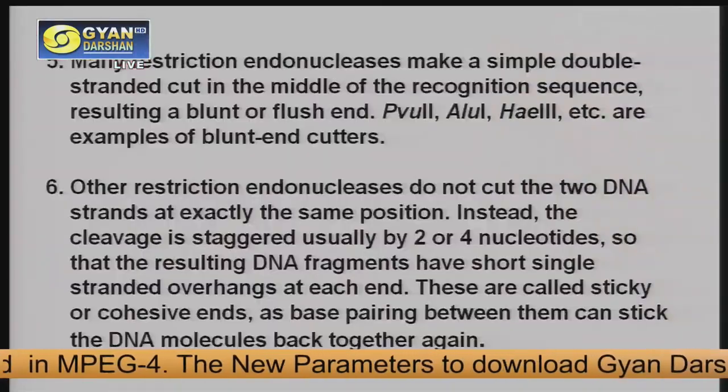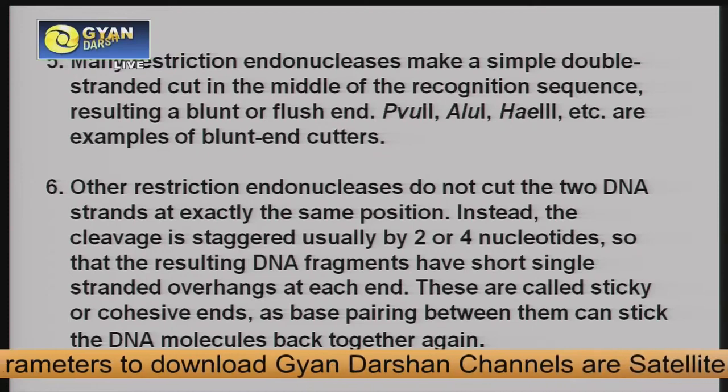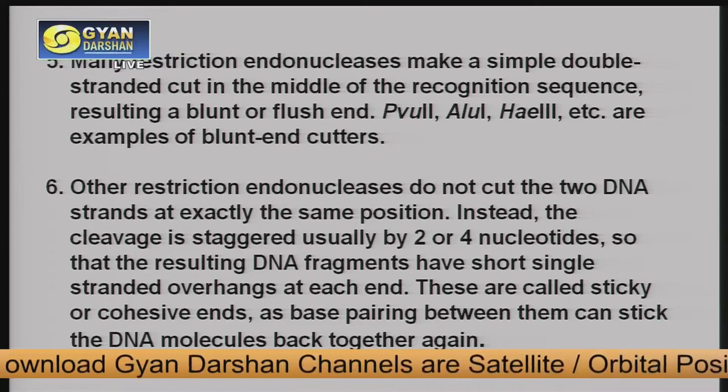That is, they have an axis of rotational symmetry. And most of the type 2 restriction endonucleases cut at palindromic sequences. Many restriction endonucleases make a simple double-stranded cut in the middle of the recognition sequence. Sometimes they do not have an axis of rotational symmetry.